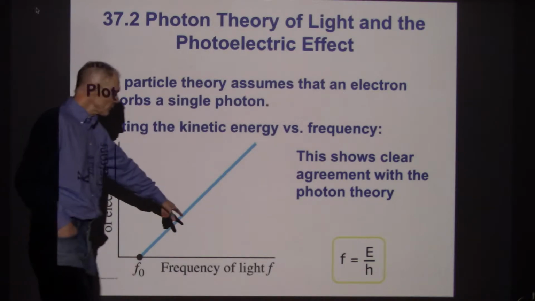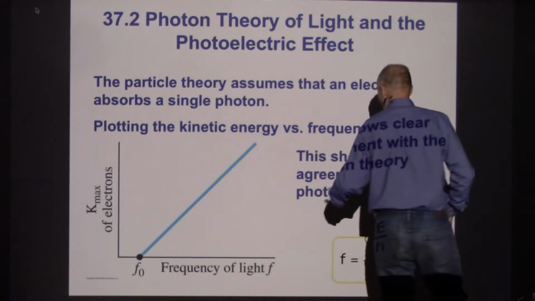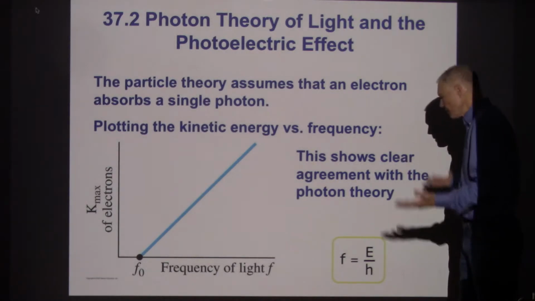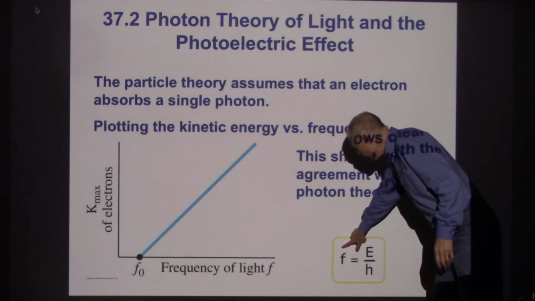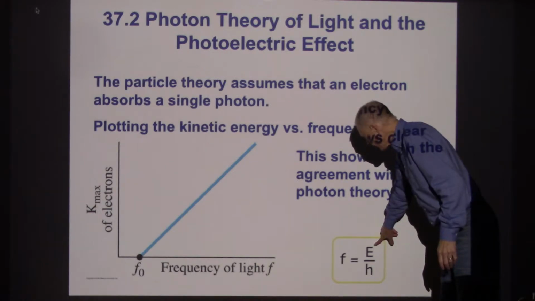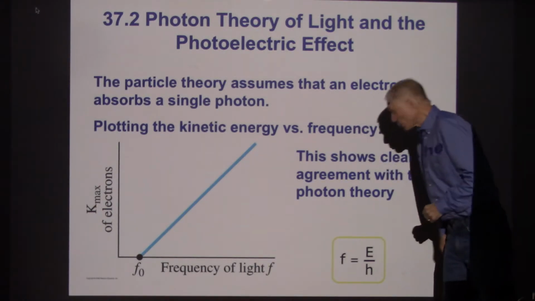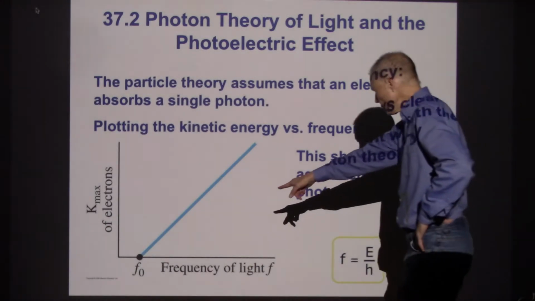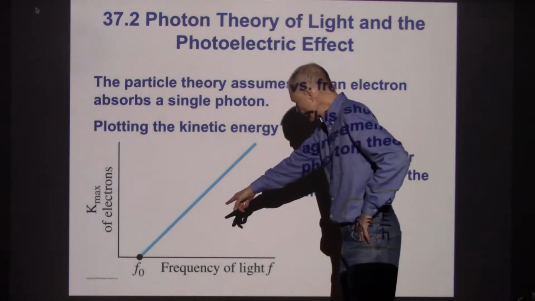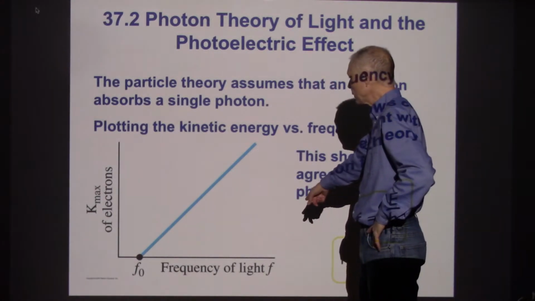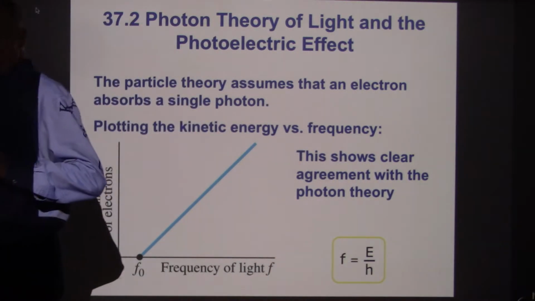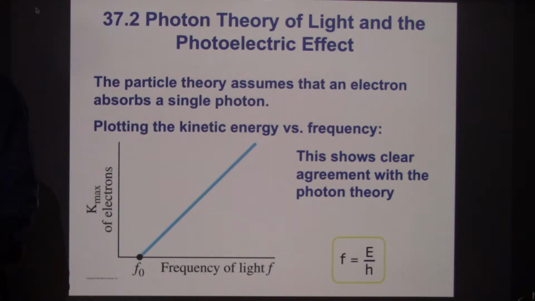Now remember, what Planck discovered and what Einstein interpreted is that light's made of particles. The frequency of those particles is proportional to their energy by a proportionality factor of Planck's constant. And what you would expect is that as the frequency of the light goes up, the energies of the photons get higher and higher, and there's a direct proportionality between the energies of the photons and the kinetic energy of the electrons.